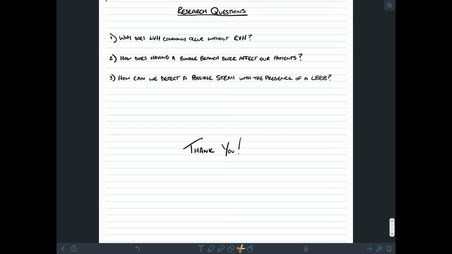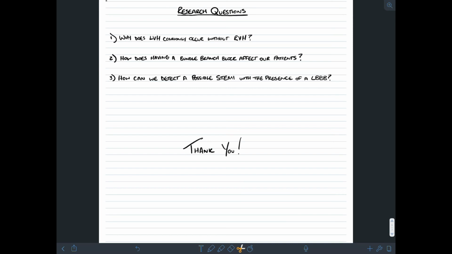Number two, how does having a bundle branch block affect our patients? So how does the actual bundle branch block affect the outcome of our patients, their compensation, and the overall appearance of these patients? Number three, how can we detect a possible STEMI with the presence of a left bundle branch block?